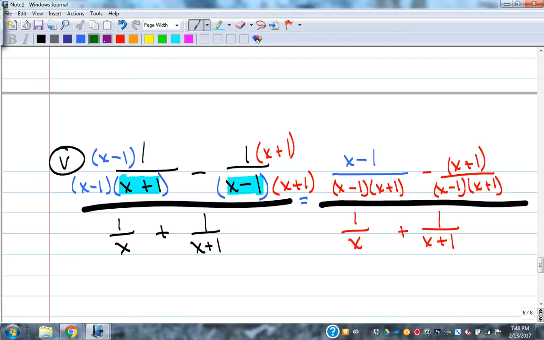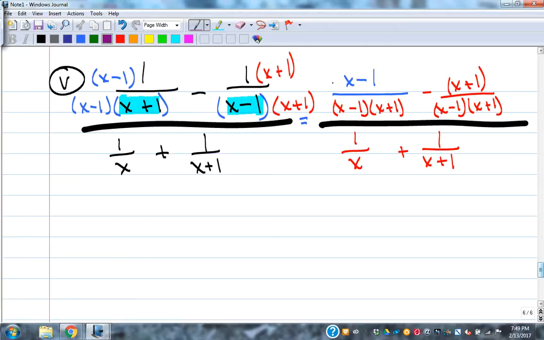All right. Top part, it's like I'm distributing a negative 1 to x plus 1, turns that into negative x minus 1. So that's going to be negative 2 over x minus 1, x plus 1. So this is the numerator up here.